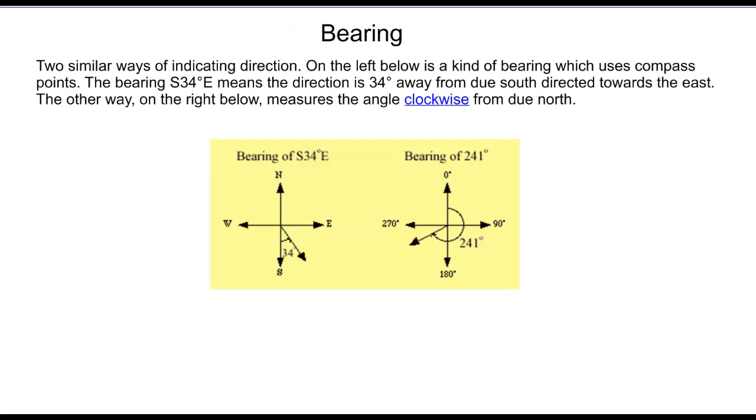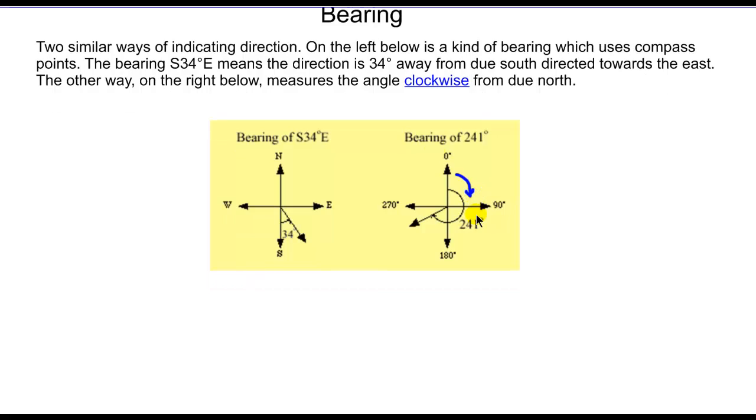Now, next we'll talk about something called bearing. And bearing is a way to measure angles, except bearing is measured from the north, and it's measured in a clockwise fashion. So this is the best picture of this. In this picture to the right, we have a bearing of 241 degrees, and that's from the north.